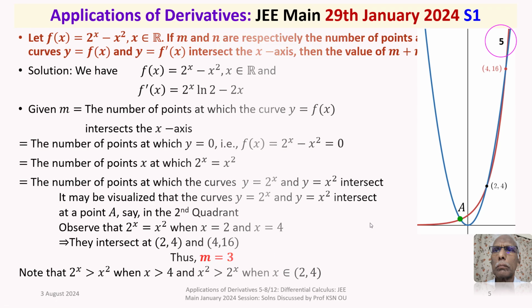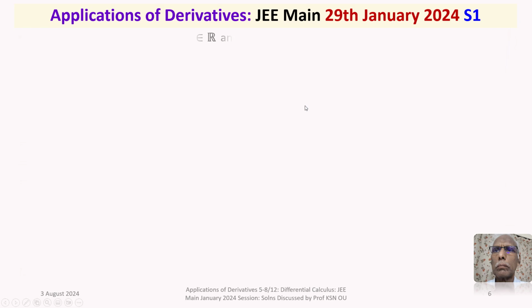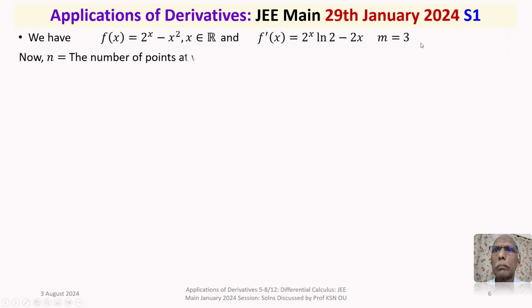Now we move on to the discussion of n. M is 3, the number of points at which f of x intersects the x-axis. Now n is the number of points at which the curve y is equal to f prime of x intersects the x-axis. You know f prime of x is 2 power x ln 2 minus 2x.